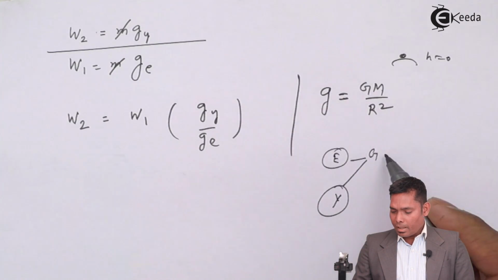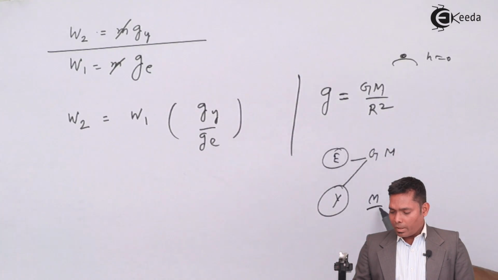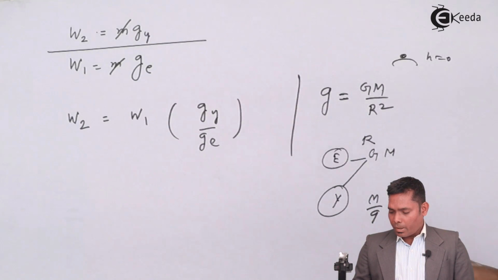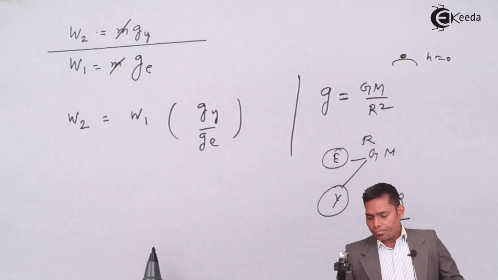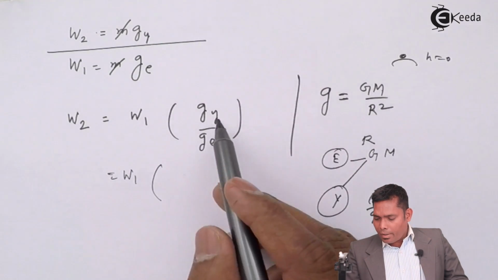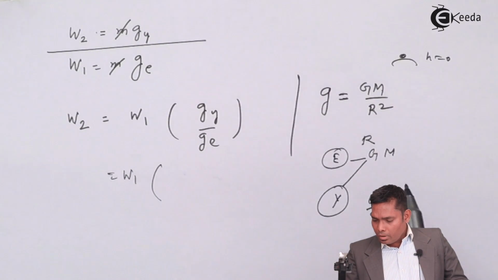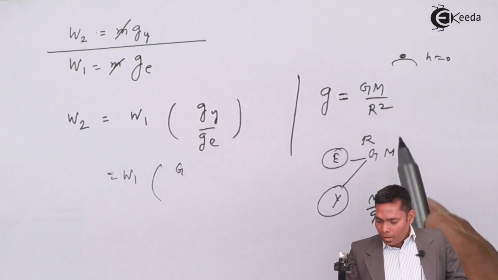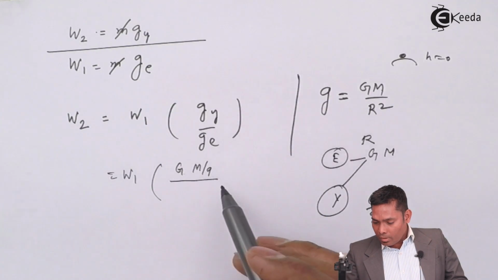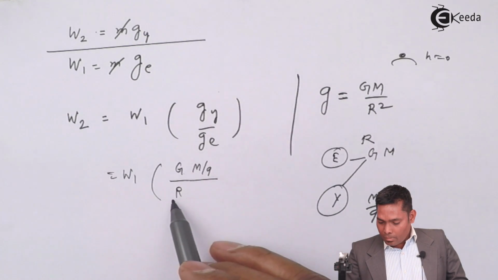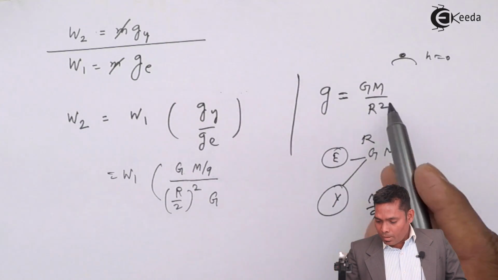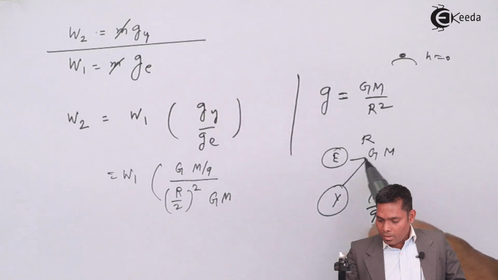If I consider this mass as M, then it is 1/9 of that, so M by 9. If its radius is R, its radius will be R by 2, that is given in the question, half of that. So W2 equals W1 into g_y over g_Earth: G into M by 9, over R by 2 the whole square, divided by GM over R square.